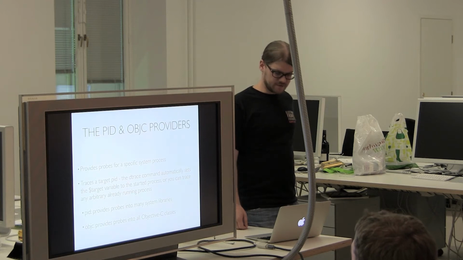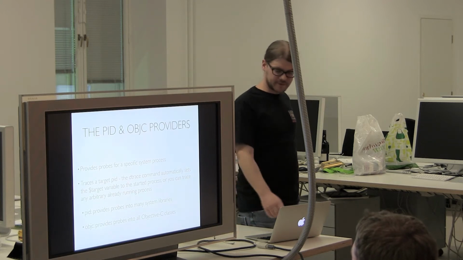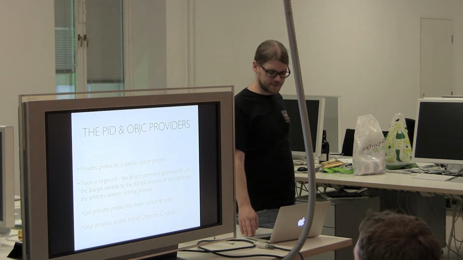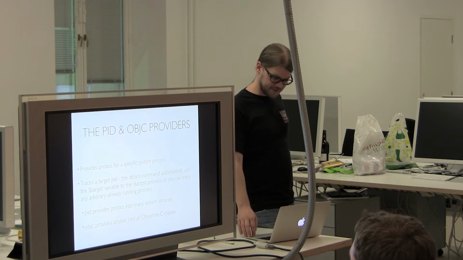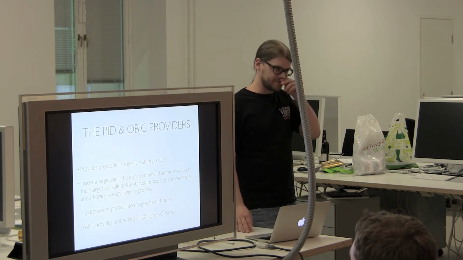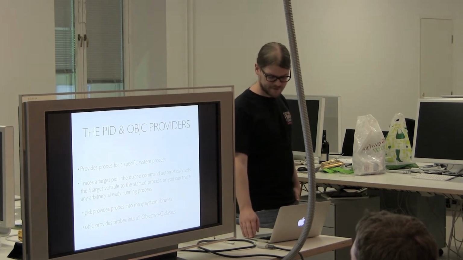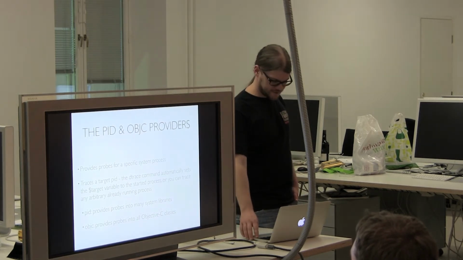The PID provider provides probes into the system libraries and user libraries that have debug symbols. And Objective-C provides probes into all Objective-C classes. So for example, every Objective-C method has a dtrace probe.